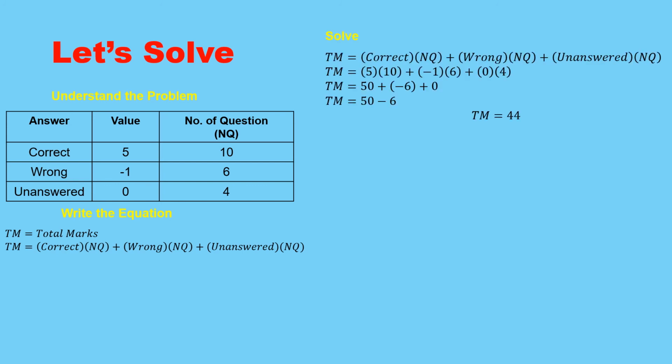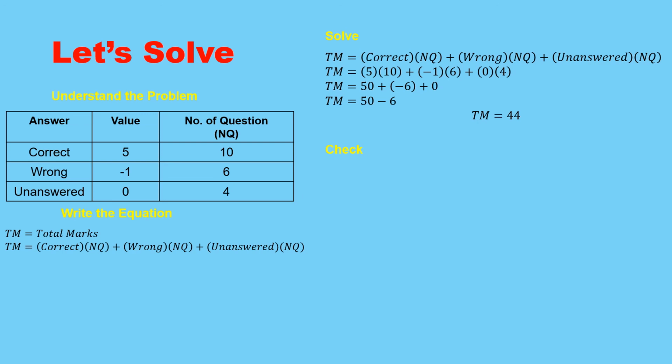Now, let's solve. Using that, we have once again the conjecture. And then you have 5 times 10 plus -1 times 6 plus 0 times 4. Getting the products, you have 50 plus -6 plus 0. Then simplifying that, you have 50 minus 6, and the answer is 44.